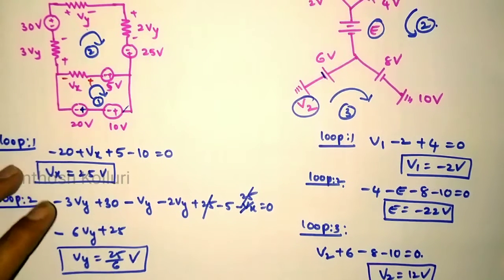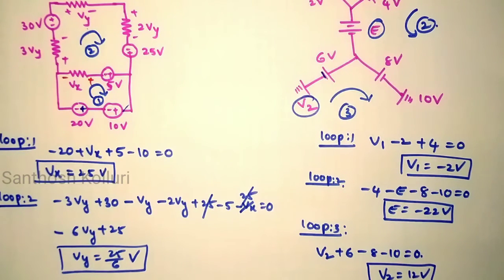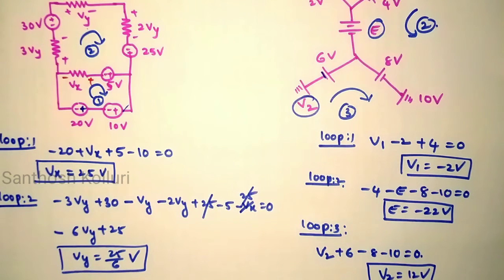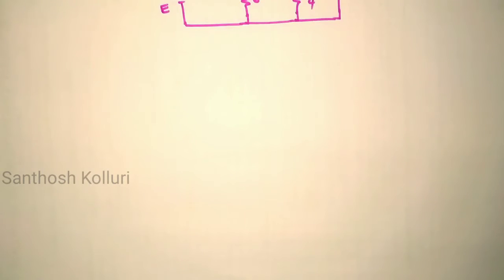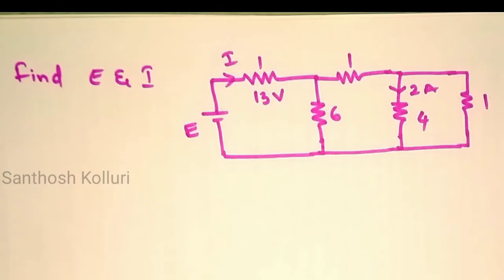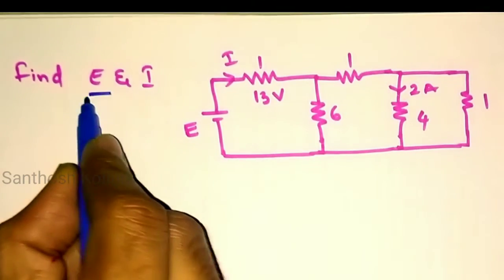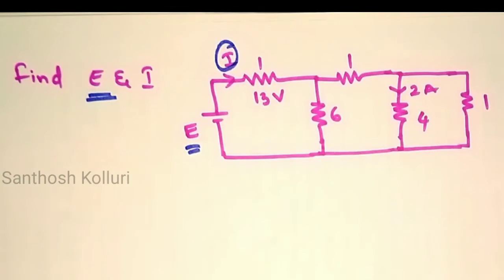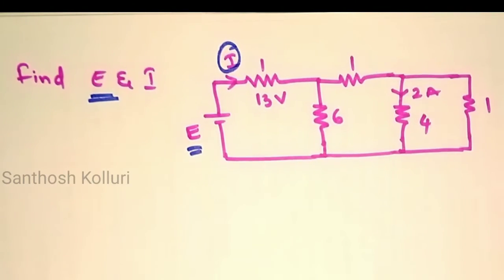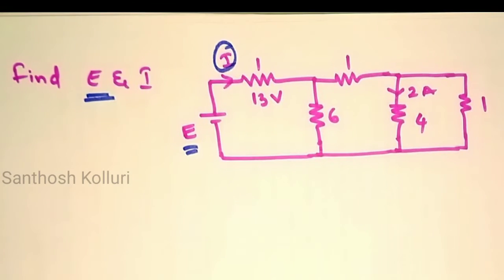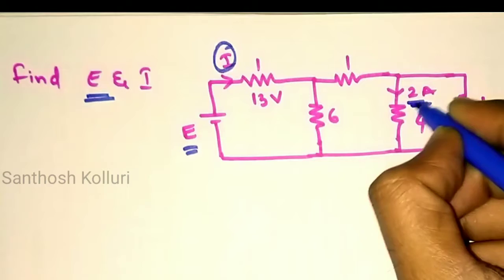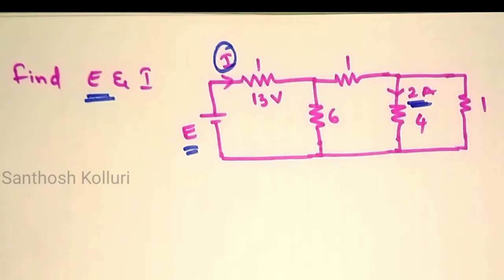We can take any one of the directions such that the algebraic sum of all the voltages should be equal to 0. So we'll take another example. This is the given circuit and it is asking to calculate the value of E as well as the total current I. From the circuit, one key is given here: the current flowing through this 4 ohms is 2 amperes.